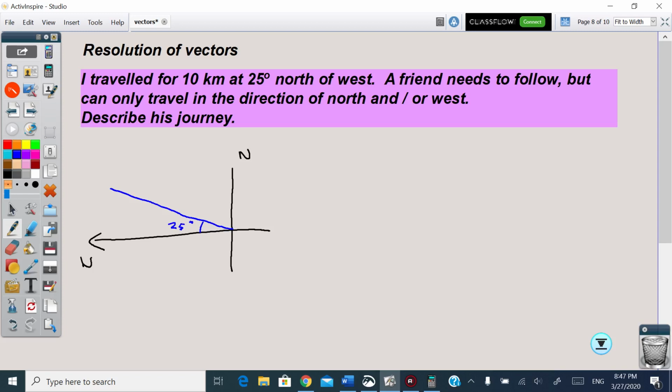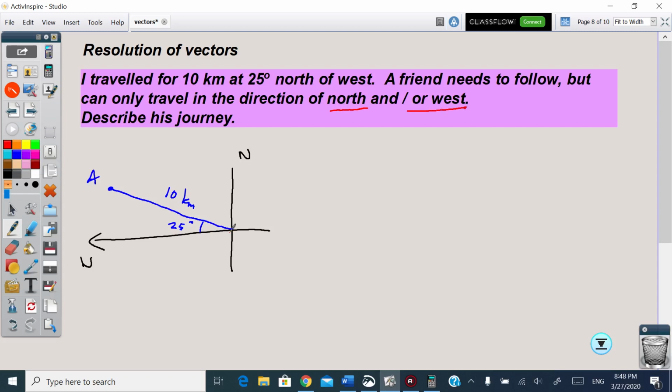A friend needs to follow, and he wants to get to this point A, where this distance is 10 kilometers. How can he follow me? Let's say his problem is that he can only travel in north or west.